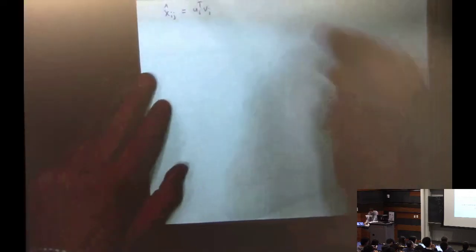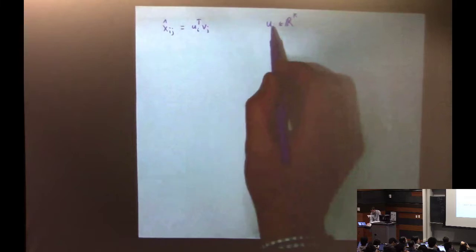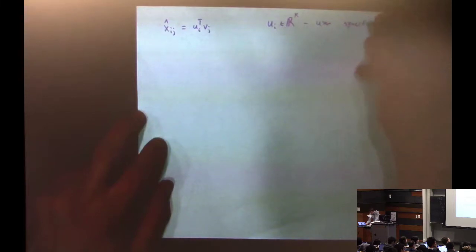The big thing we're going to do here is represent my prediction, x hat ij, as being equal to the inner product of two vectors, u_i transpose v_j. Here u_i, which is a vector in R^k, you should think of as a set of user-specific coefficients.